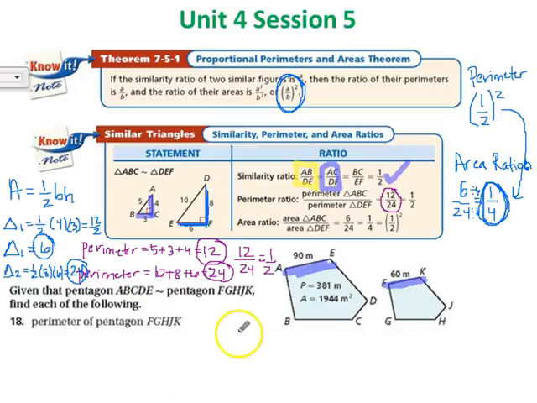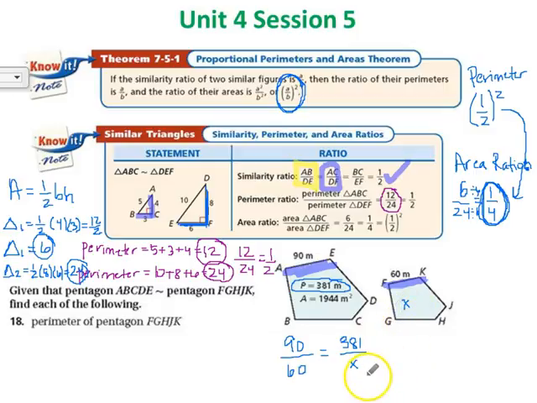So we would have 90 over 60. And we can also set up a ratio with perimeter. The perimeter of the first polygon, which is always on top of our fraction, is 381, and we don't know the perimeter over here. We're going to say that's x.